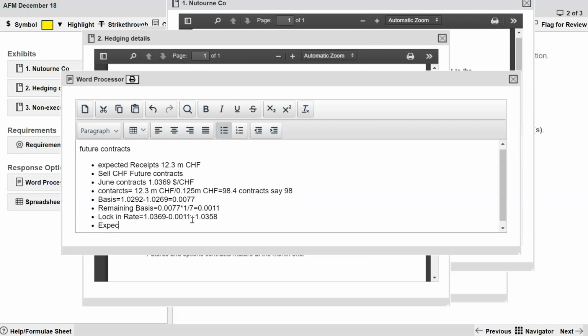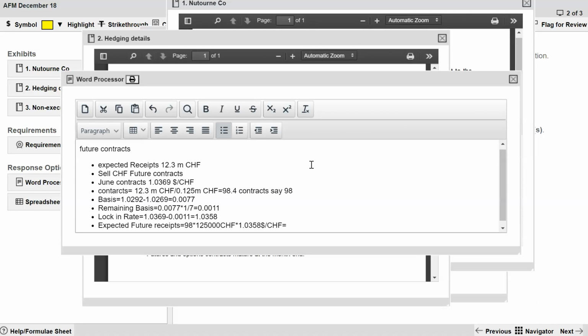The expected future receipts. You have locked how many contracts? 98 contracts. And one contract amount is 125,000 CHF. And you are expected to receive this amount at 1.0358 dollar over CHF.